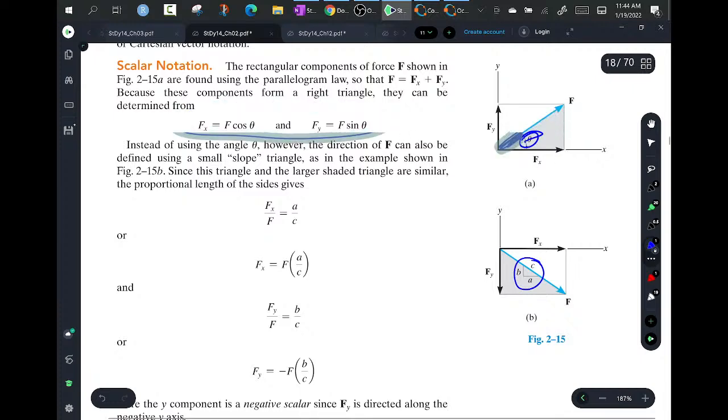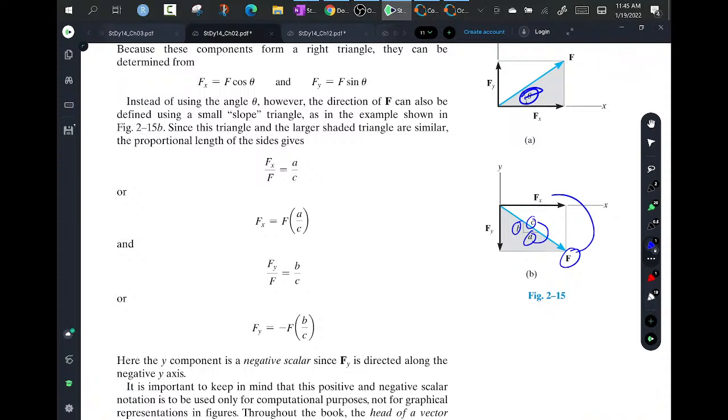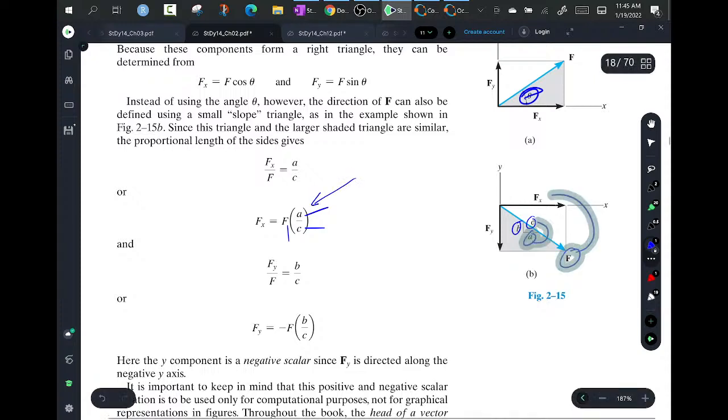Here, it's more of a ratio. If you knew these three, you'd know A over C is ratioed as Fx over F, the total. These are not vector components now; they're the lengths of the vectors.